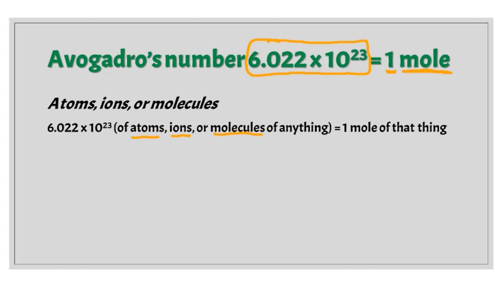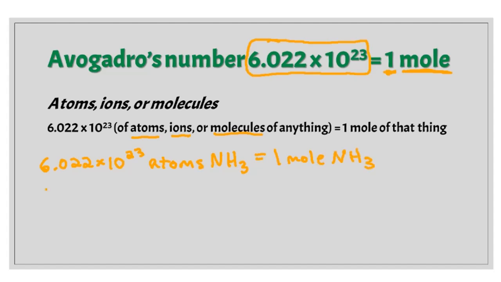Now, as I said before, it's important not to overthink this. It's very straightforward. No matter what it is, it could be NH3, just like in the last example. If we have 6.022 times 10 to the 23rd atoms of NH3, that's going to equal 1 mole of NH3.